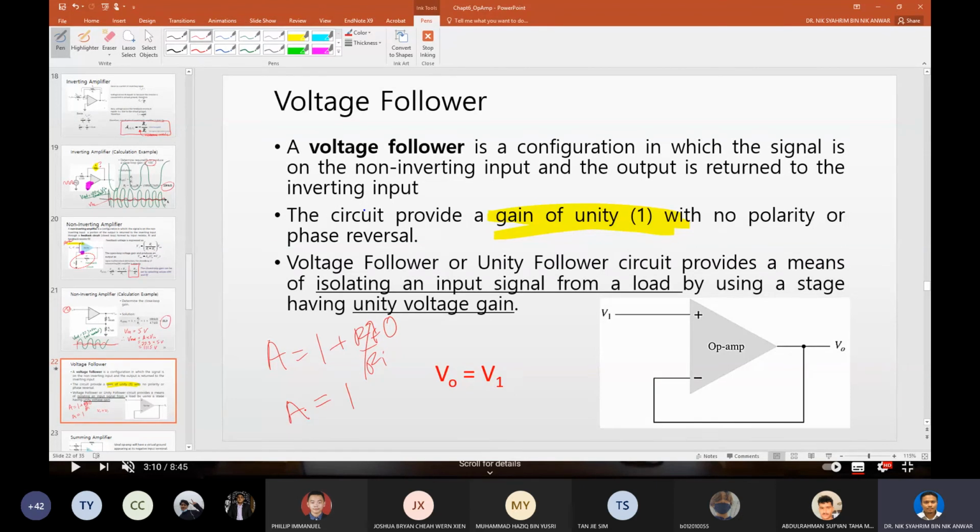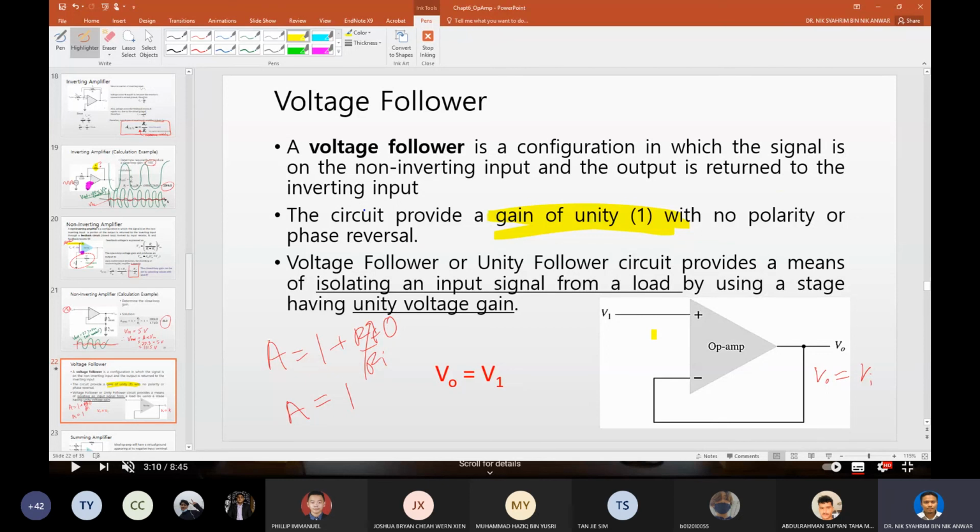So what will happen is that V0 will just be equivalent to V1. Okay. So there is a reason why we need a voltage follower. This is because an op-amp's internal resistance is infinity.